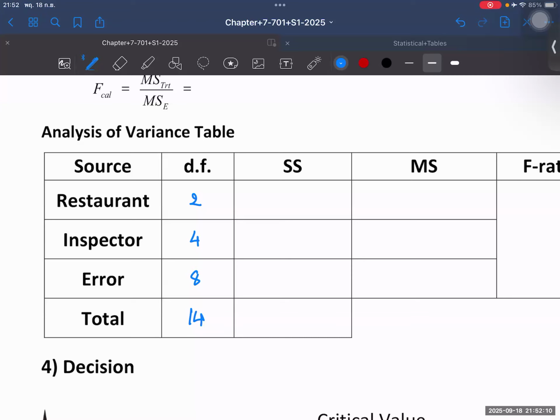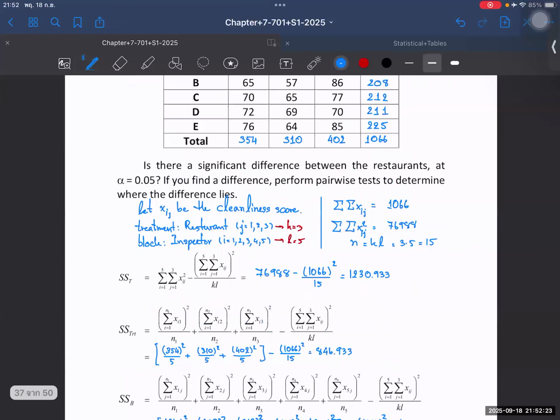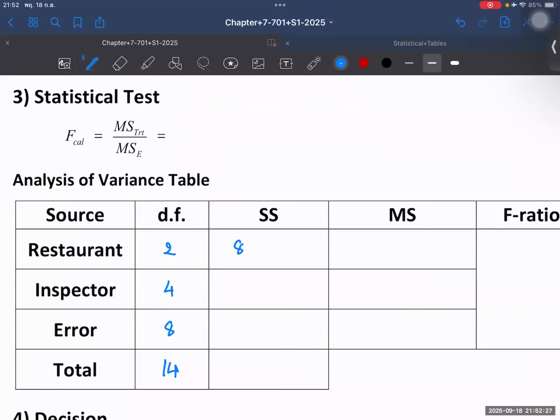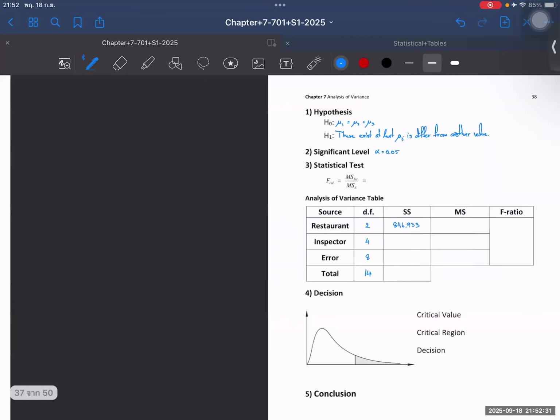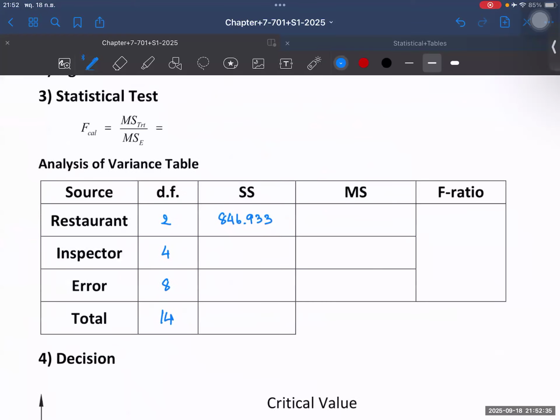Okay. So, let me check the sum of squares of the treatment. So is what? Treatment. And the block. And the error.